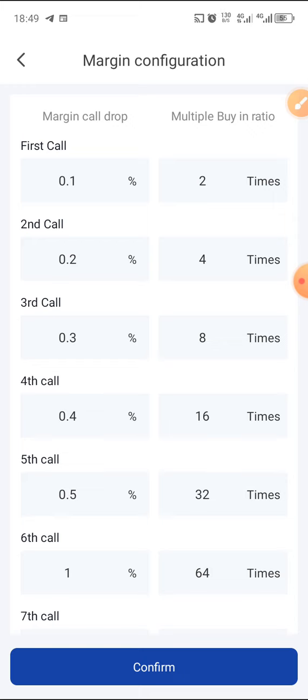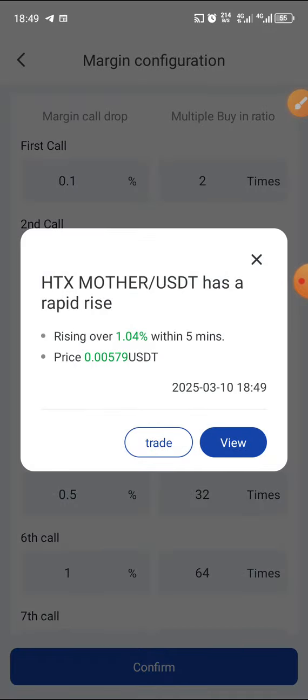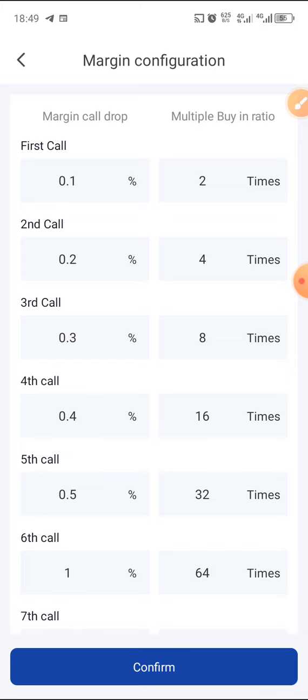Okay? So moving to the multiple buying ratio, the number of times your robot will be buying, we are going to be using the double up method, or what we call the default setting. We shall make a few adjustments according to our capital, but we are going to be using the double up method.